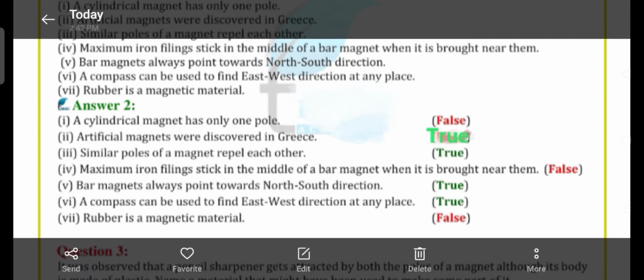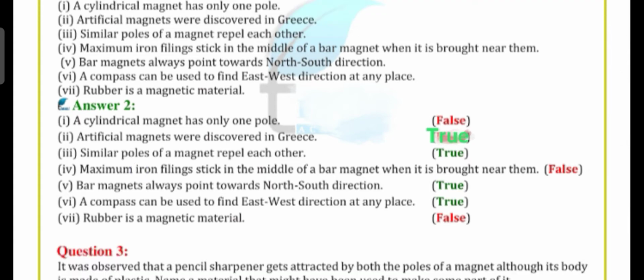Then fourth one, maximum iron filings stick in the middle of a bar magnet when it is brought near them. What happens when we place a bar magnet on iron filings? Iron filings means iron powder. We have seen an experiment when we place a bar magnet on iron filings.